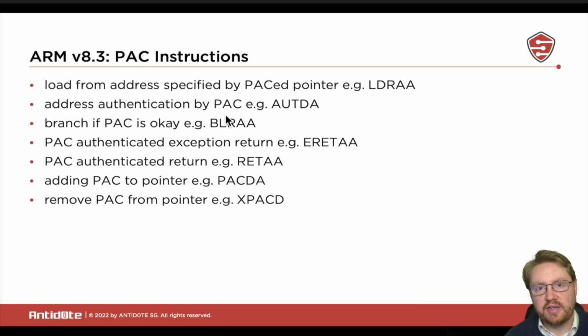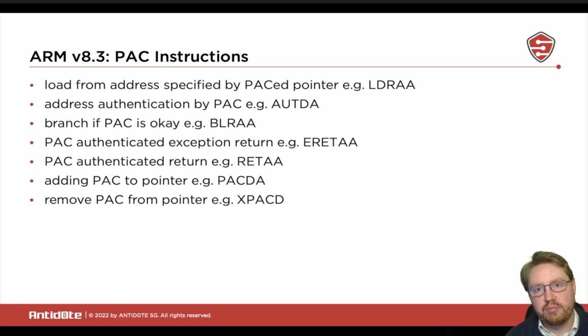Then there's the class of auth instructions. Those basically take a pack pointer and check if the pack is correct, and that's it. Then we have the branch instructions that only branch if the pointer is correctly pack protected.